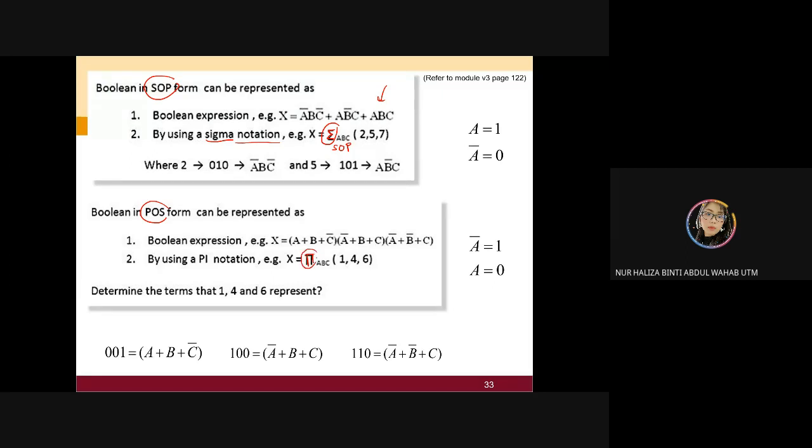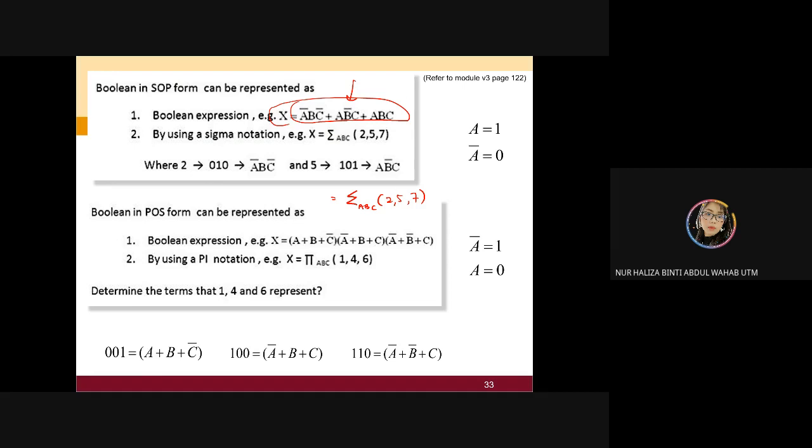And when you look into pi, you know it is POS. Okay, let's take a look one by one. If we have here sigma A, B, C, 2, 5, 7, what is the meaning of this? Last time you were given the Boolean expression, you already understood directly.